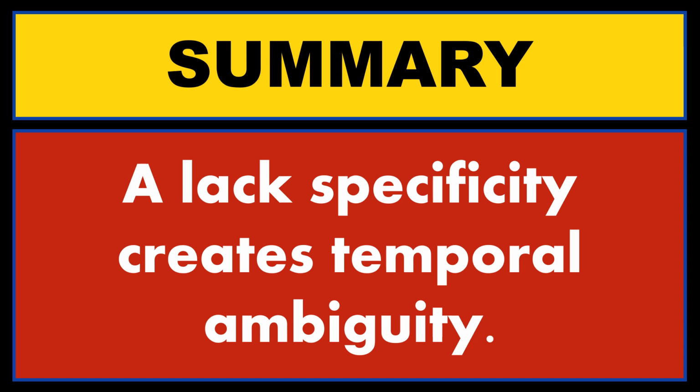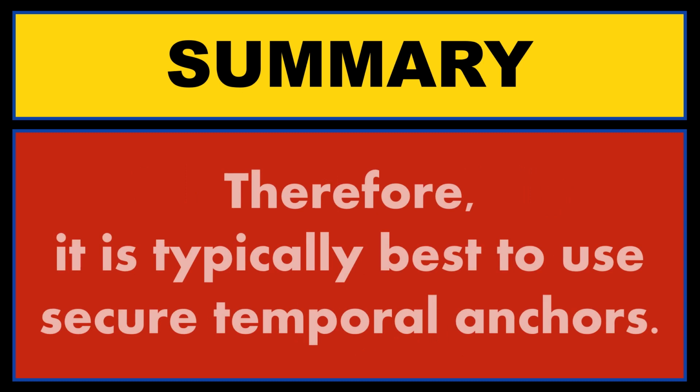Whenever a text is read, that time frame will be associated to the time of the reading and not the actual time being referred to. Therefore, it is typically best to use secure temporal anchors to ensure that your readers are always clear as to when the processes or events you're describing took place.